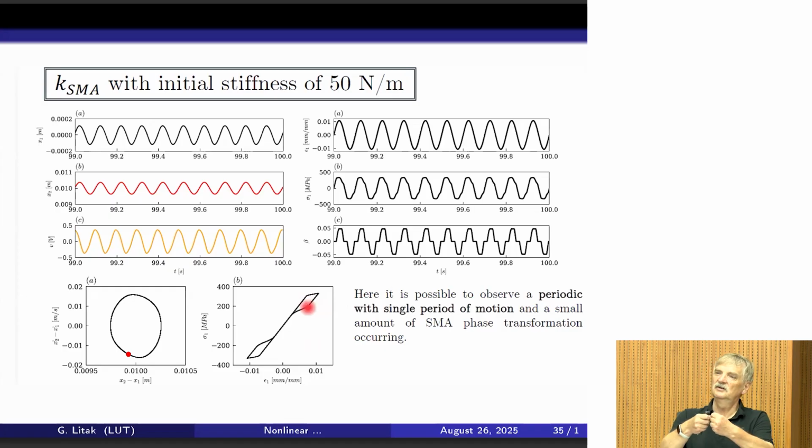You can deform more, but you still have the same level of stress. And this is the effect of a shape memory alloy, and you see that this could be useful for our system, because we can have some more displacement even if stress is not increasing.